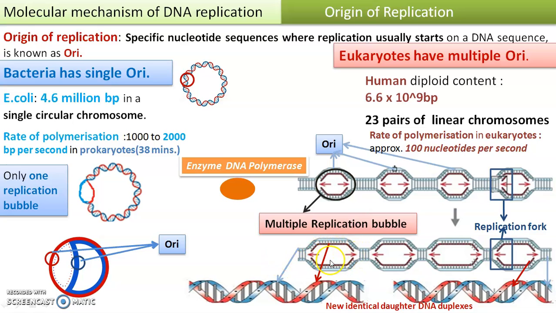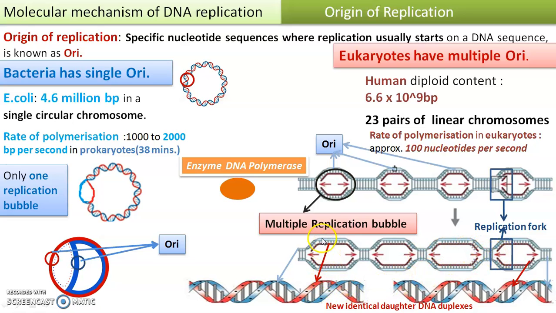The fork opens up much deeper, cutting off all the bonds, and every segment, when polymerization is going on by the enzyme polymerase, will definitely meet. Bubbles will widen and the whole segment would be opened up completely by the time replication is simultaneously completed in all these bubbles. Thousands and thousands of bubbles.